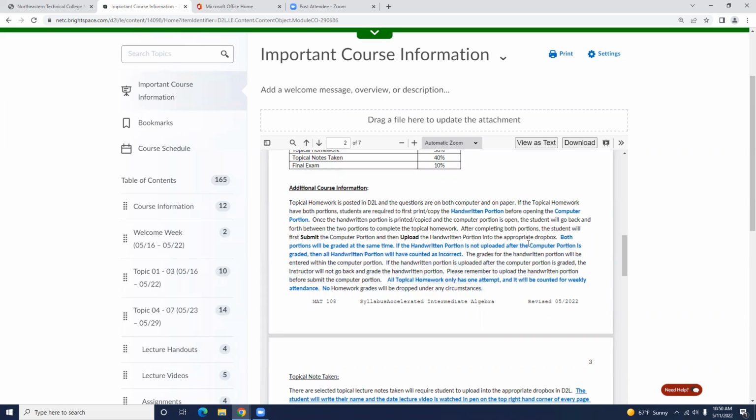The worst case scenario is a student submits the computer portion but does not upload the handwritten portion. Then all the points on the handwritten portion will be counted as incorrect. If the handwritten portion is uploaded after the computer portion is graded, the instructor will not go back and grade the handwritten portion again.